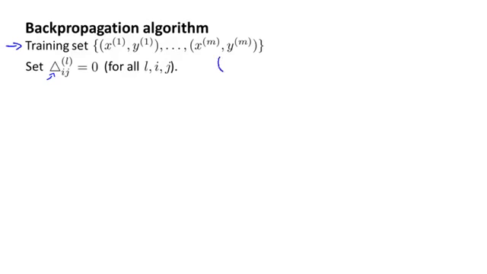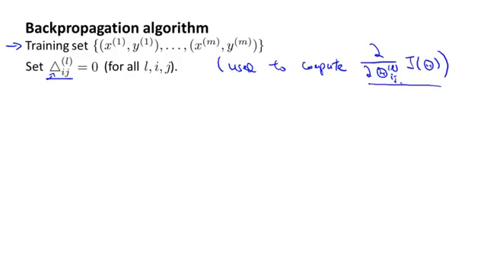Eventually, this capital delta L ij will be used to compute the partial derivative of J of theta with respect to theta L ij. As we'll see in a second, these deltas are going to be used as accumulators that we slowly add things to in order to compute these partial derivatives.